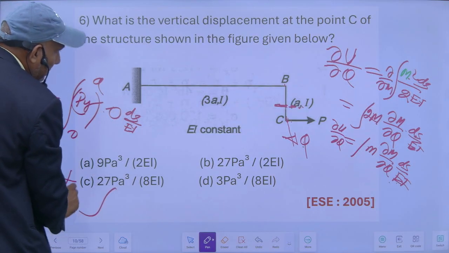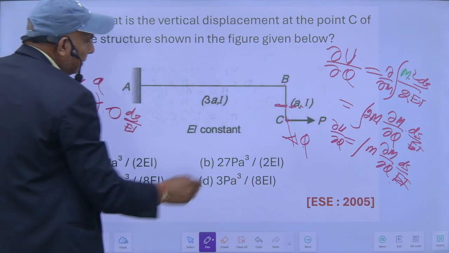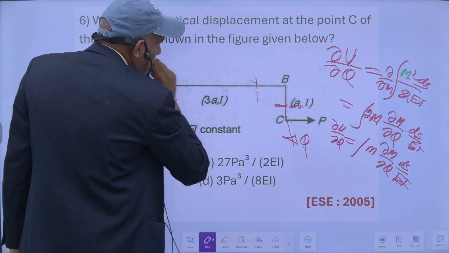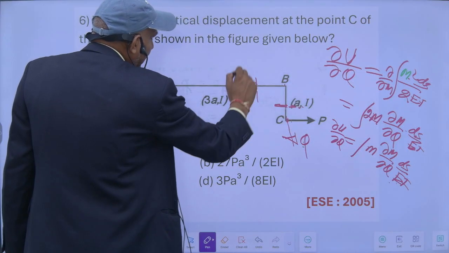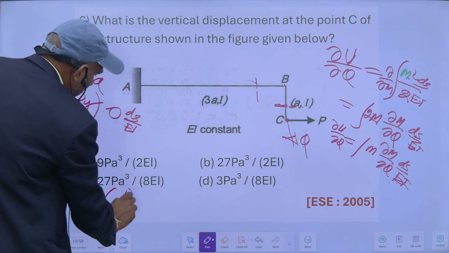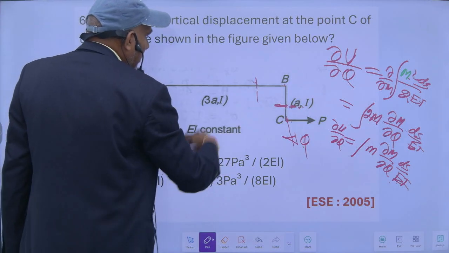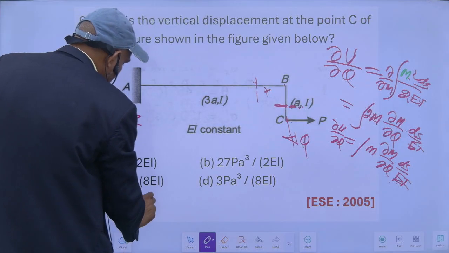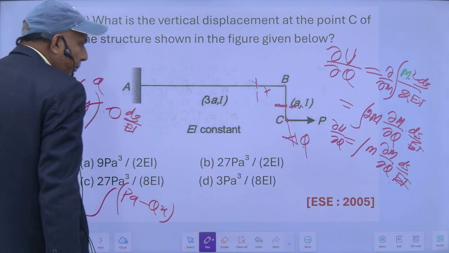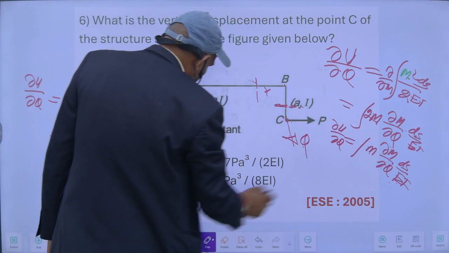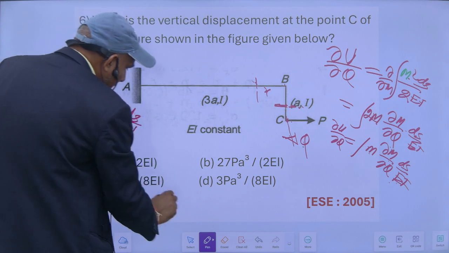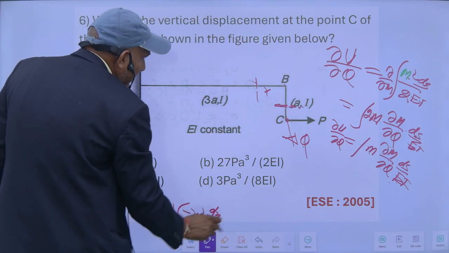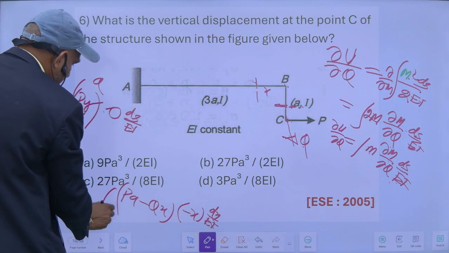Plus, M at this point will be P into a, which is sagging, and this will be hogging, so minus Q into x. This is M, and the partial derivative of this with respect to Q will be minus x, into dx upon EI, integrated from 0 to 3a.